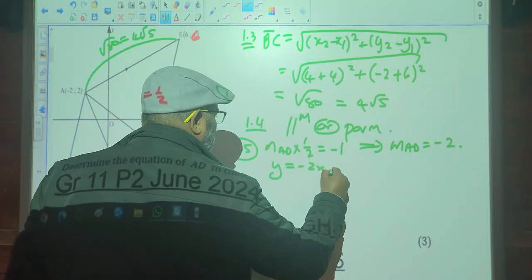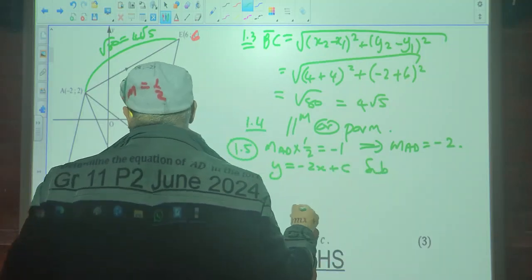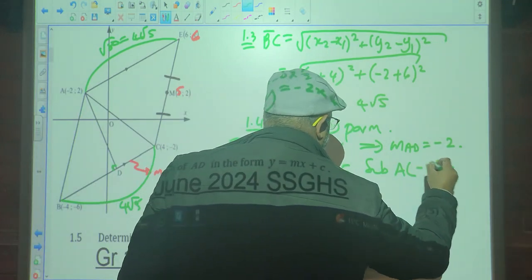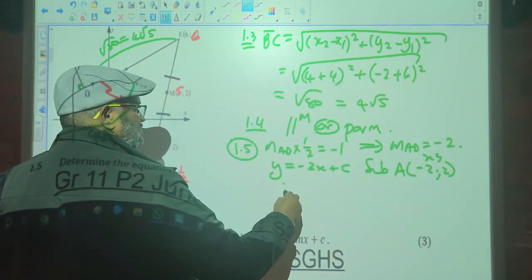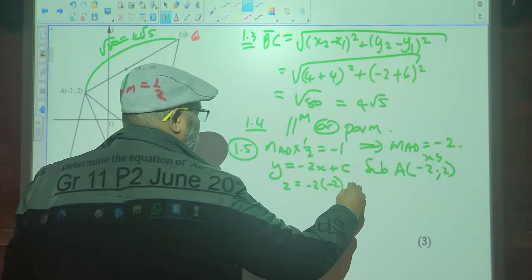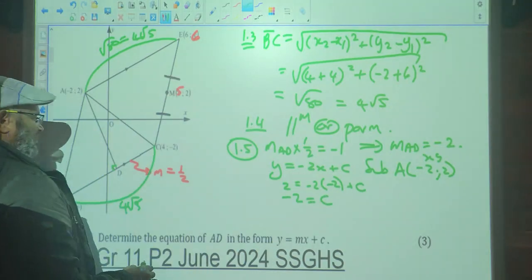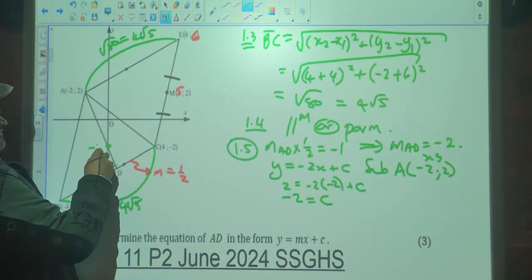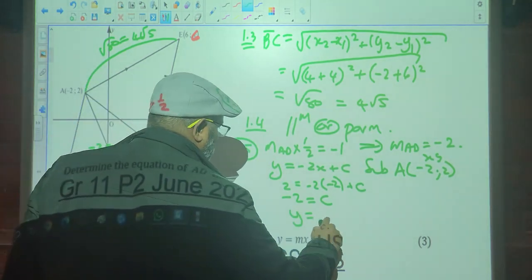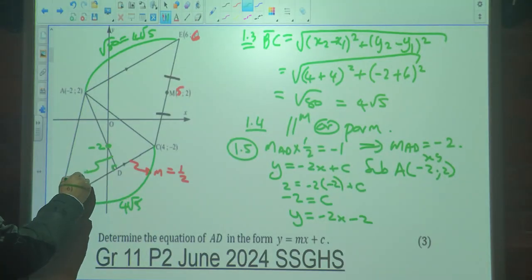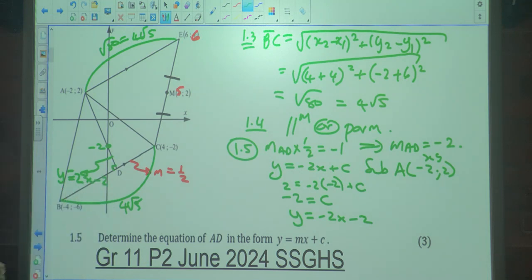So y is equal to negative 2x plus c. We'll substitute the point that's lying on this line, which is A, (-2, 2). So 2 is equal to negative 2 times negative 2 plus c. So that's 4. You take it over, and c becomes negative 2. So y is equal to negative 2x minus 2.